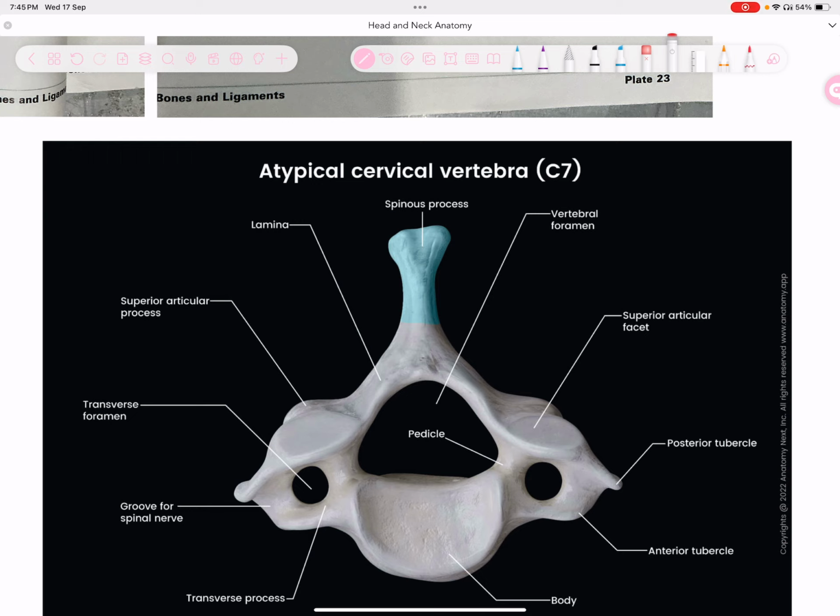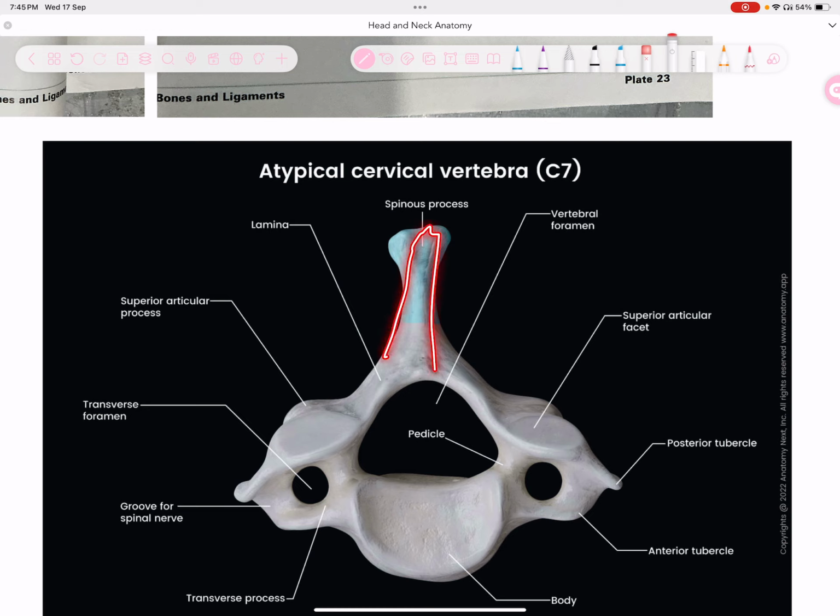Its spine is thick. See, it's so thick, and also it's not split, it's not bifid, but it ends in a tubercle. I told you that it is really thick and long and nearly horizontal.